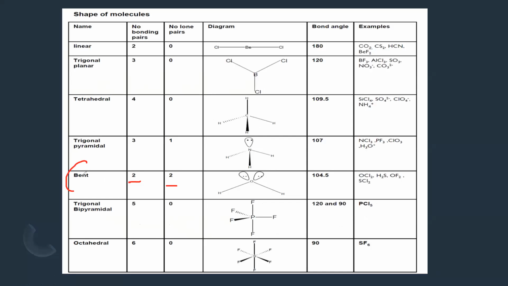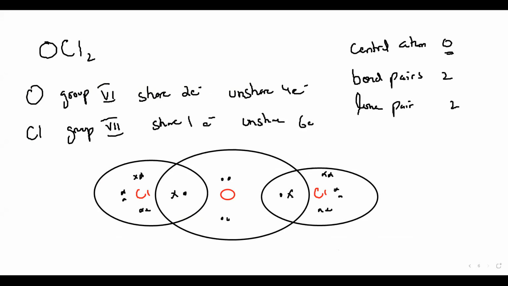So what should the geometry be? It will be a bent or V shape with a bond angle of 104.5. When we draw the structure, how will it appear? There will be oxygen having 2 lone pairs, which have maximum repulsion, so there is a greater gap between the lone pairs, and they repel the bond pairs.